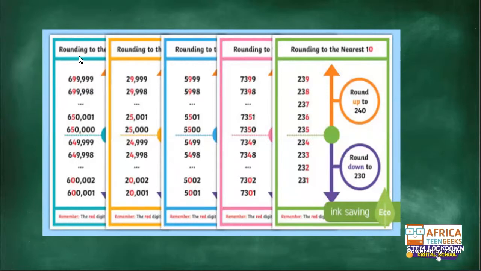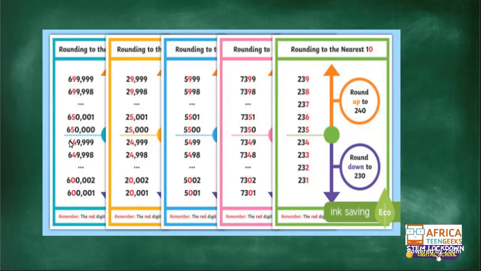Right? Rounding off to the nearest 100,000. So we have here 699,999, right? So all those numbers right down to 650,000 will be rounded up to 700,000.